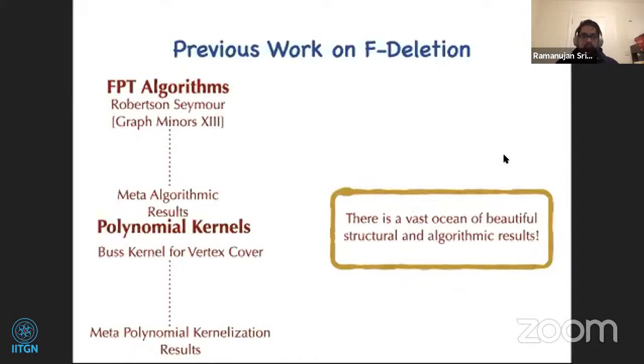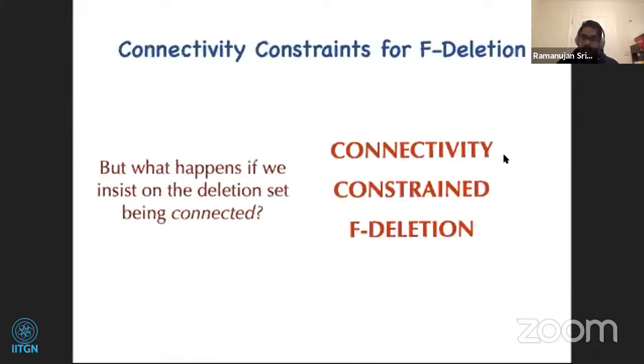Now, let me tie this back to what we saw yesterday, which is the case of the connected vertex cover problem. What we did there was we took this very natural vertex cover problem, which you're all quite familiar with, and then we asked, okay, what if I insisted that the vertex cover that I care about also induce a connected subgraph? And as you already saw, this made a massive difference.